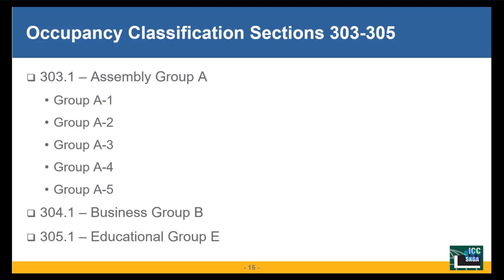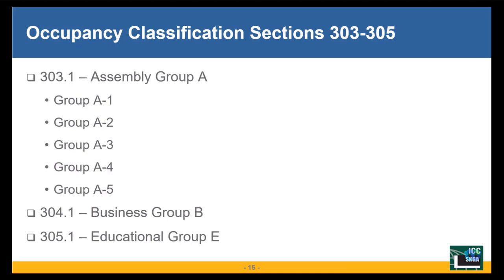A1, for example, is viewing performing arts or motion pictures, so it could be a theater, a movie theater, or a cinema. Whereas A5 is an outdoor facility, such as a football stadium or an outdoor swimming pool with spectator seating.